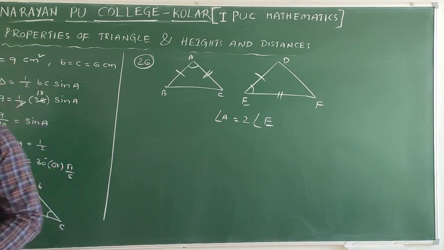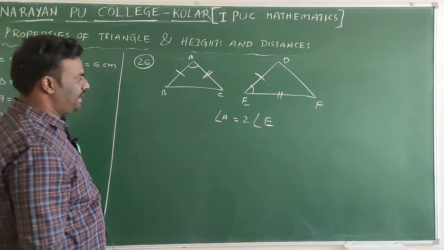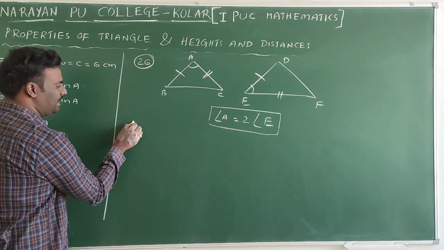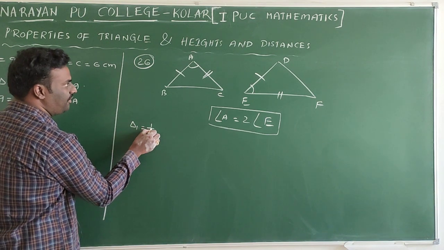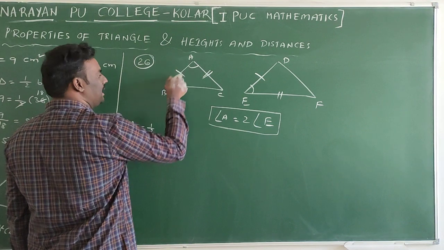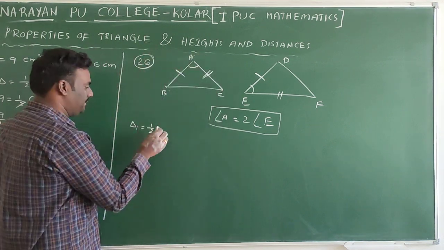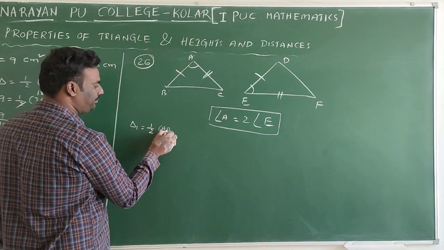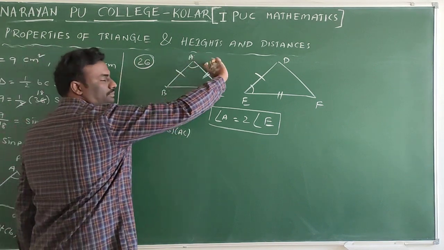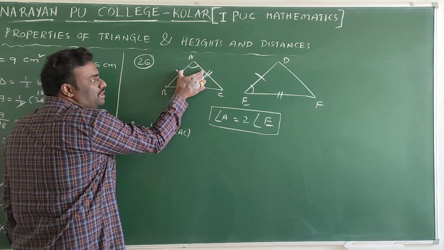First, I am finding the area of the first triangle. Delta 1 equals half into AB, AC, I am taking these two sides. What is the angle between these two sides?